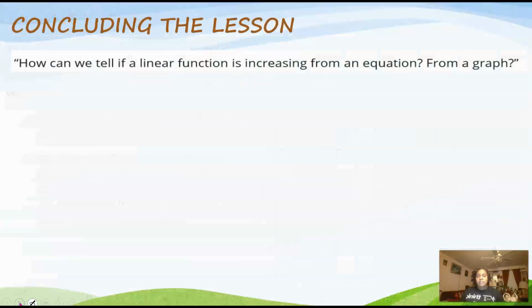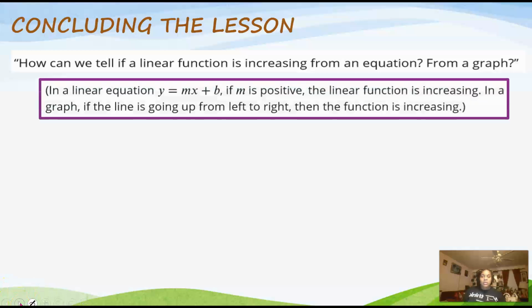So to conclude the lesson, how can we tell if a linear function is increasing from an equation or from a graph? Exactly. In a linear equation, y equals mx plus b, if the slope is positive, the linear function is increasing. In a graph, if the line is going up from the left to the right, the function is increasing.